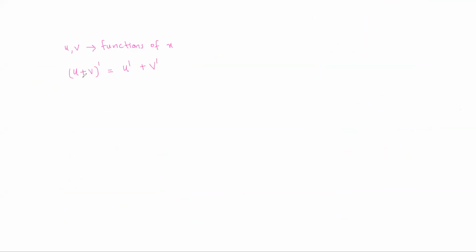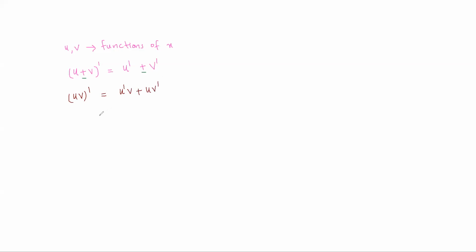If it is u minus v, the derivative is the derivative of the first function minus the derivative of the second function. Then u into v, the product of two functions, its derivative: it is not the product of the derivatives. In every step you have to find the derivative of one function. Derivative of first into second plus first into derivative of second.